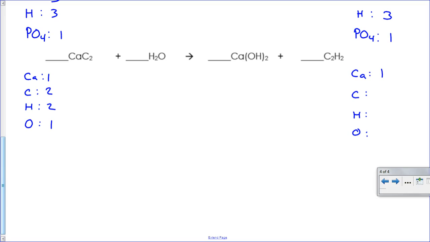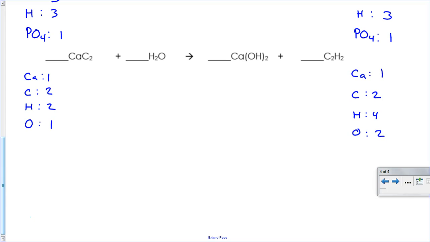For carbon, we've got 2. All right, for the hydrogen, we've got hydrogens here, and we've got hydrogens here, so there's a total of 4. And then for the oxygens, in the Ca(OH)2, there's 2 oxygens in there. So looking at this, calciums are balanced, carbons are balanced, hydrogens and oxygens are not, though.